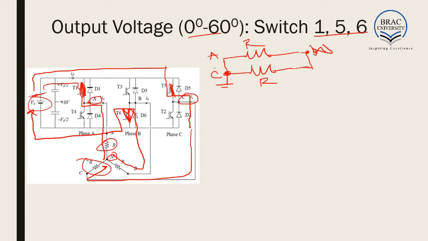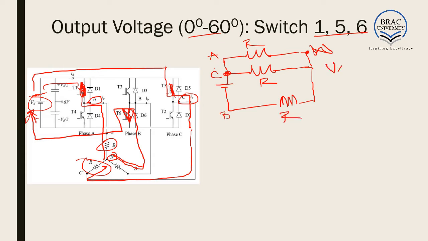And from the neutral it goes through a resistor to phase B and to the negative of the voltage source. Here the resistance is R.